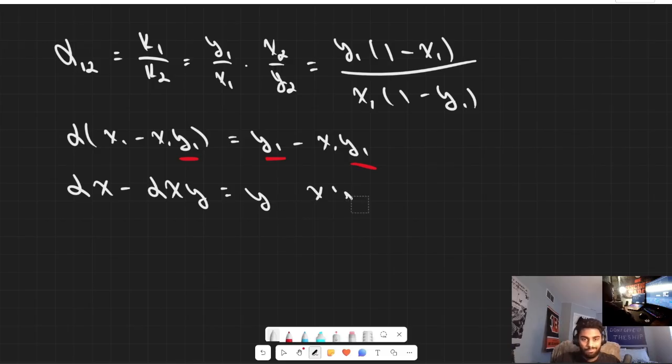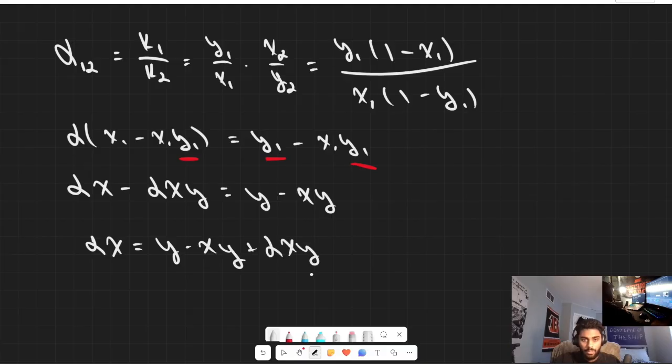Let's bring this over to this side. So we get now alpha x equals y minus xy plus alpha xy. We'll take our y out. So y times (1 minus x plus alpha x).